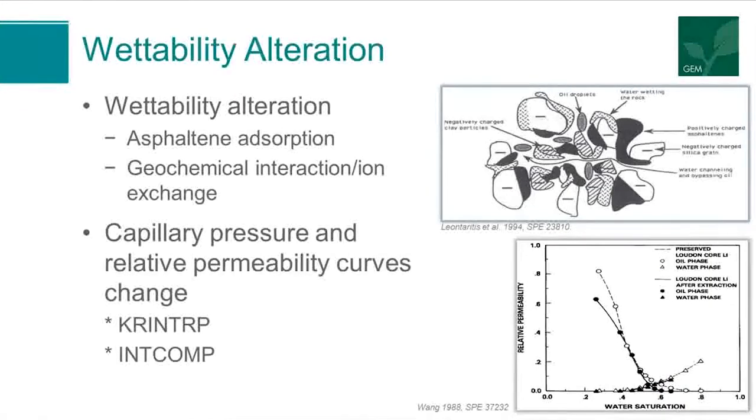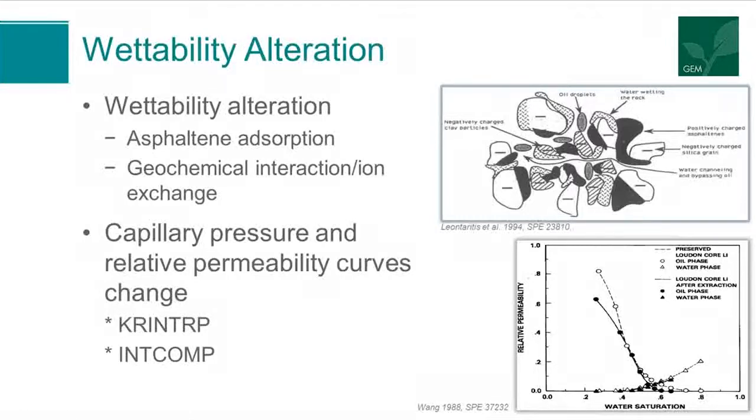In some EOR processes or carbon dioxide EOR processes, the wettability of the reservoir can be changed. The wettability alteration can be due to asphaltene adsorption, or geochemical interaction and ion exchange happening in the reservoir. On the right-hand side, you will see that when the asphaltene is separated from the oil, it is just adsorbed on the surface of the rock.